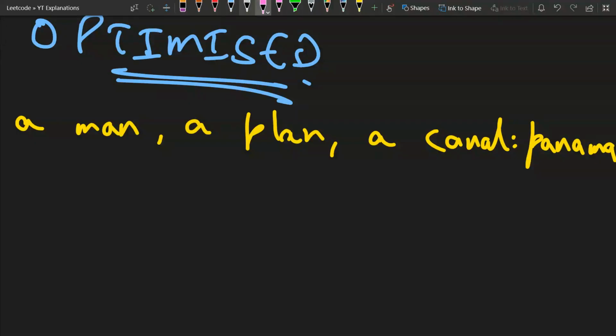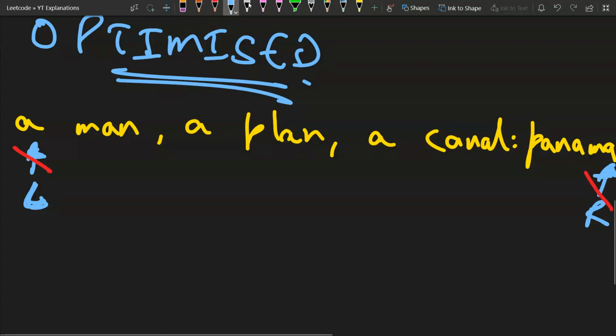Basically, what we do here is we keep one pointer at L and one pointer at R. The whole idea is that if you start one pointer from the beginning and one from the ending, the letters always match in a palindrome. Here, since both L and R match, we move both the pointers, one forward and one backward.